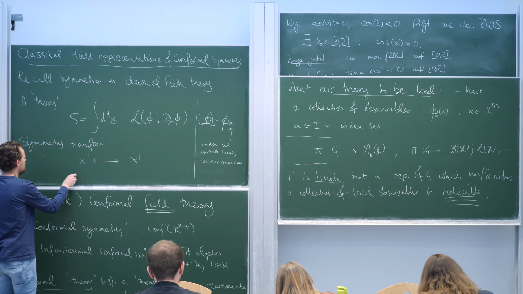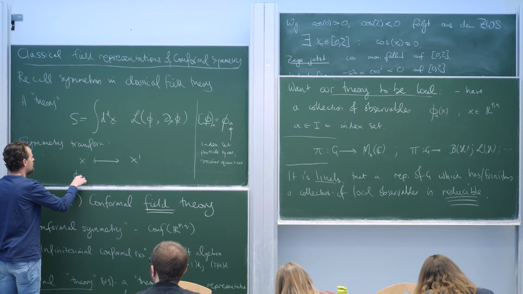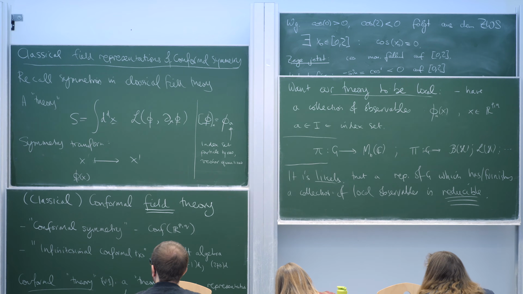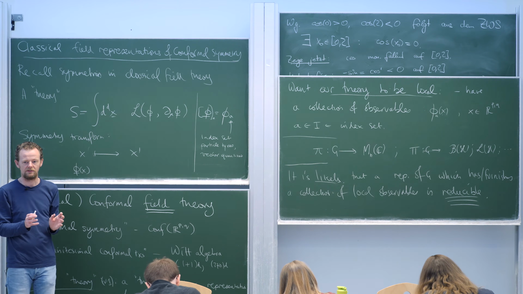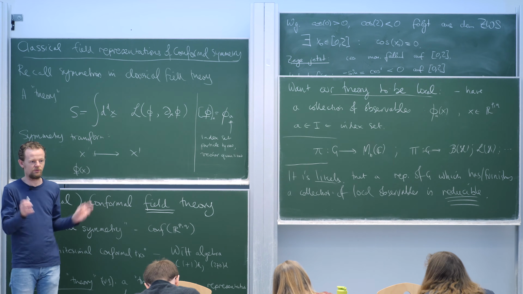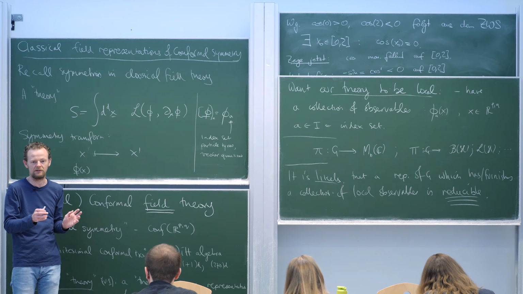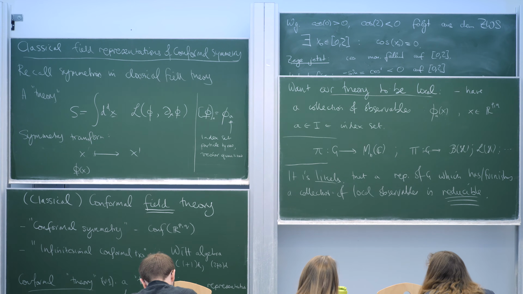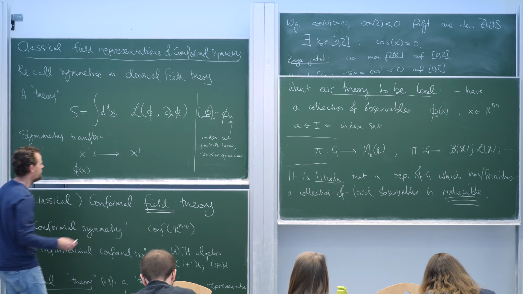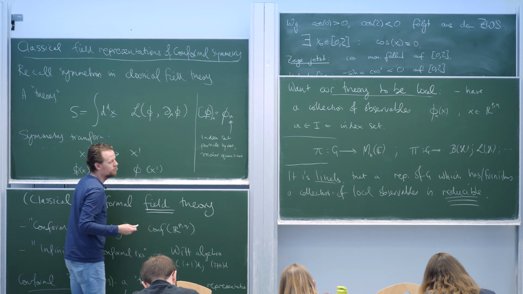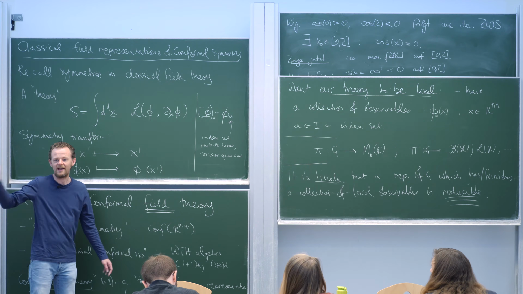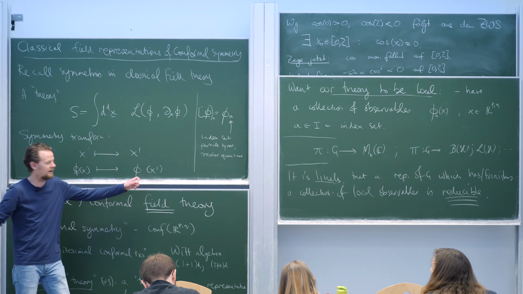What happens to the fields under these transformations? Well, it depends if you take a passive or an active view of doing this transformation. In the active view, you take the field at location x, you apply the symmetry transformation, which means you actively do something. You push the field, you rotate the field to a new location. In the process, the field is now moved to a new location, x prime.